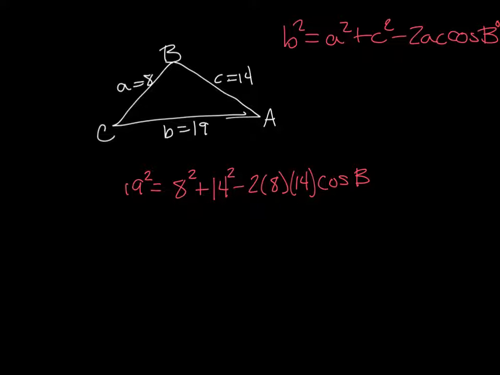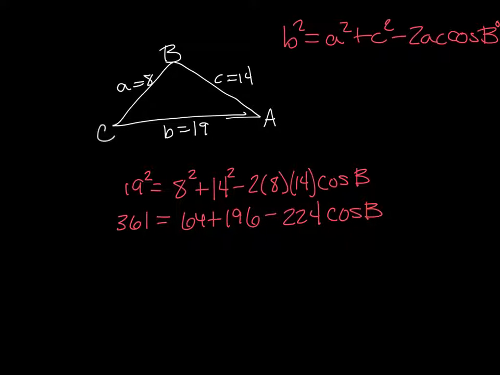Okay, now I go through and I do the math. So I've got 19 squared is 361 equals 64 plus 14 squared is 196 minus, I'm going to take 2 times 8 times 14, and I get 224 cosine B. Okay, and I'm going to add together what I can.